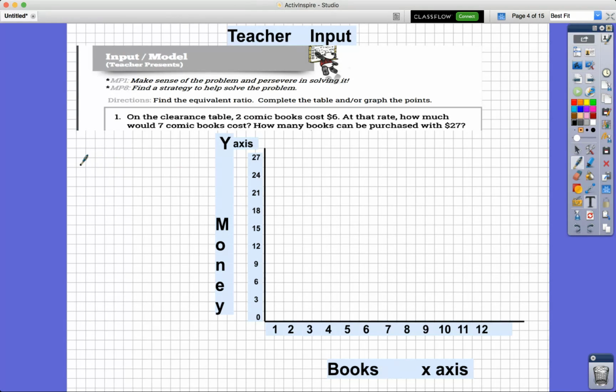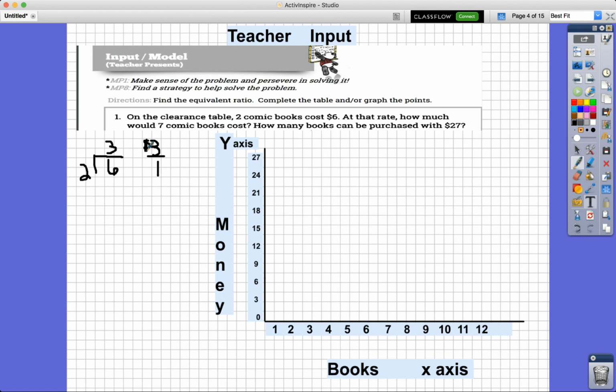Well, the first thing I'm going to do is find the unit rate. I know 2 comic books are going to cost $6. 2 goes into 6 3 times. So my unit rate is 1 comic book is going to cost $3.